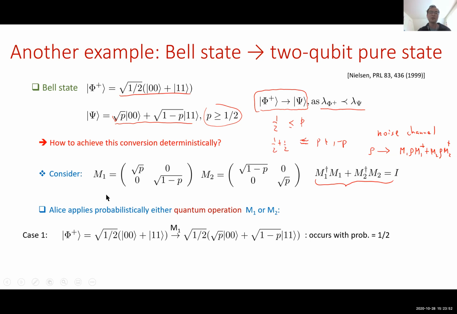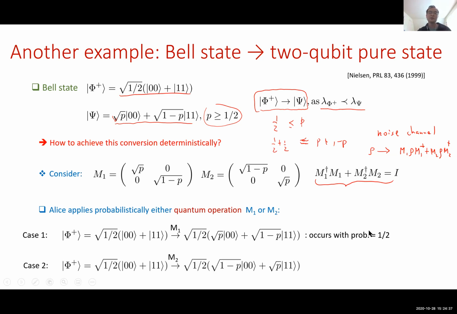When you trace out, in this case, Alice can measure the ancilla and know what outcome you get. Suppose you get the M1 applied. After that, you know it's successful. That means the effect is you put a square root p in front of 0 on Alice's part. You put a square root 1 minus p on the state 1, right? So that means that it is successfully transformed. And basically the overall square is the probability that this case happens, okay?